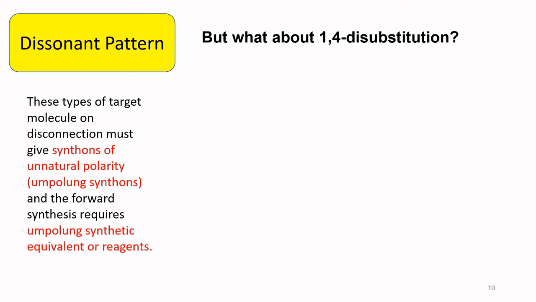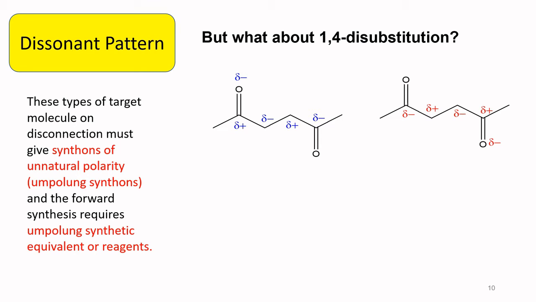Dissonant patterns usually occur in 1,2-disubstituted or 1,4-disubstituted compounds. In the dissonant pattern, the target molecule undergoes disconnection to give synthons of unnatural polarity, also known as umpolung synthons, and the forward synthesis usually requires an umpolung synthetic equivalent or reagent, which is not like a typical reagent.